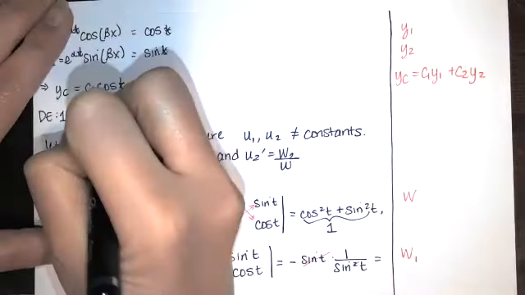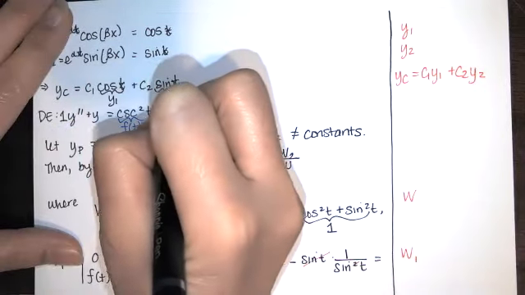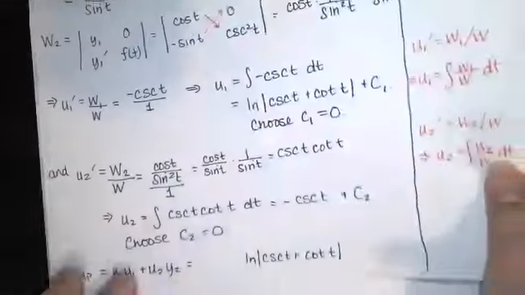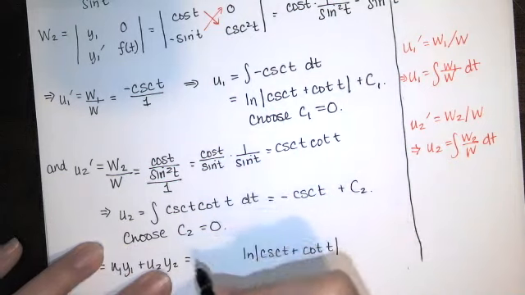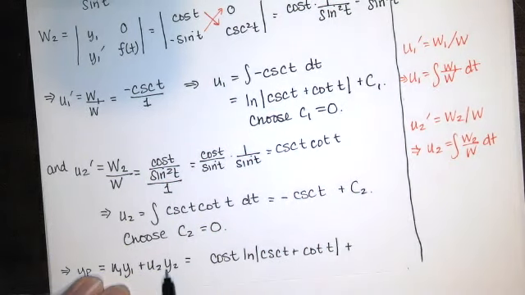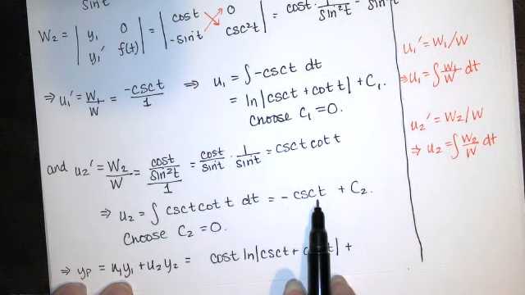Remember, our y1 was right here. That was cosine of t. Our y2 was sine of t. So we're going to take this function and multiply by cosine of t. Over here, we're going to take u2, which is this guy right here, negative cosecant of t. And we're going to multiply it by y2.